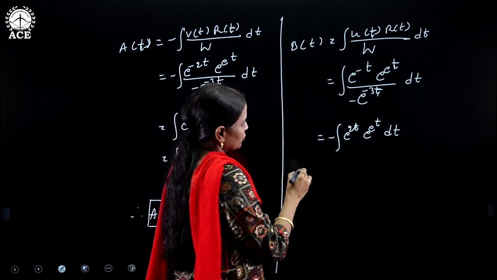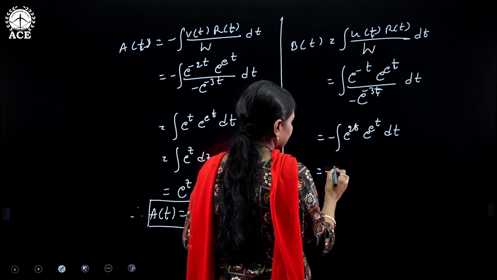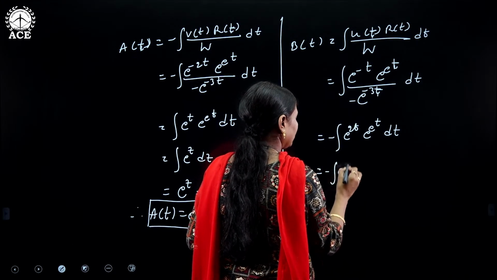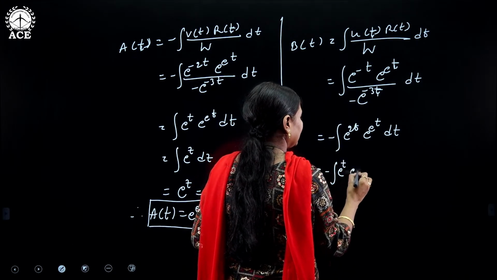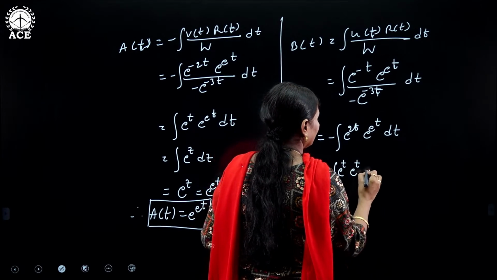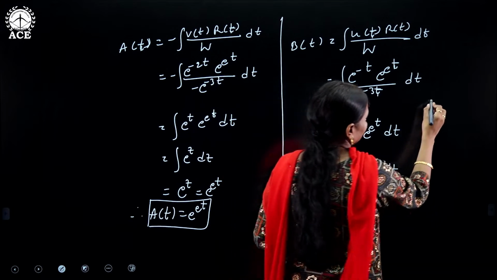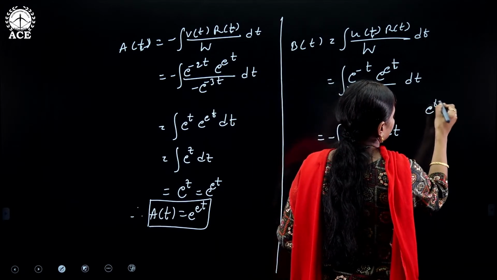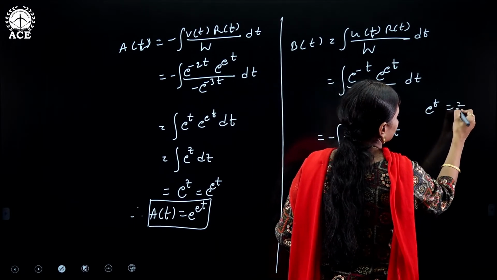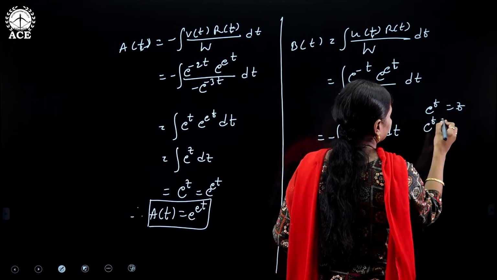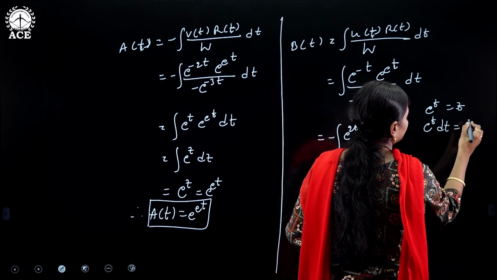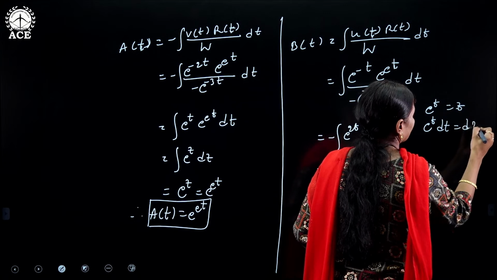Again take the substitution form. Before that, this e power 2t can be written as e power t into e power t, into e power t into dt. If we take e power t is equal to z, the differentiation gives e power t into dt is equal to dz.